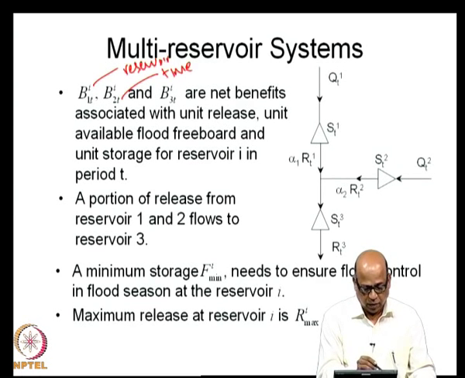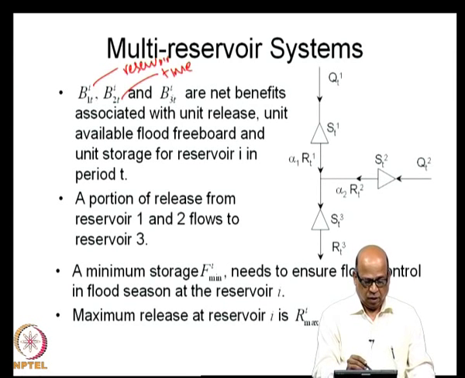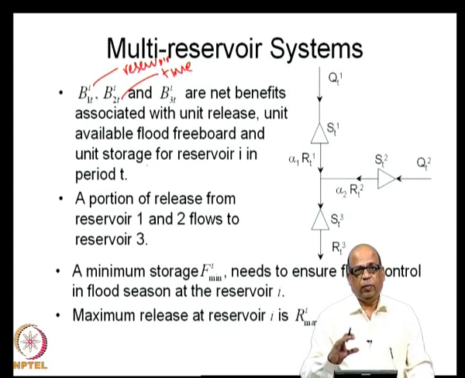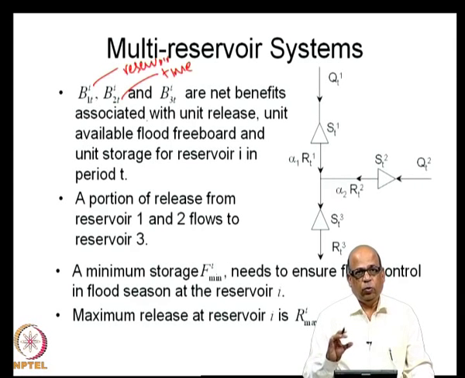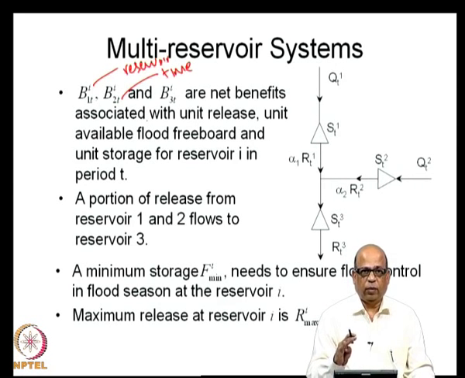For example, 1 is for the release, 2 is for the flood freeboard and 3 is for the storage. And as I just mentioned, the storage determines the benefits that you accrue out of the hydropower. Now, this is for unit volumes. For example, unit release is a benefit, and unit flood control storage or flood volume that you make available in the reservoir is a benefit, and so on.